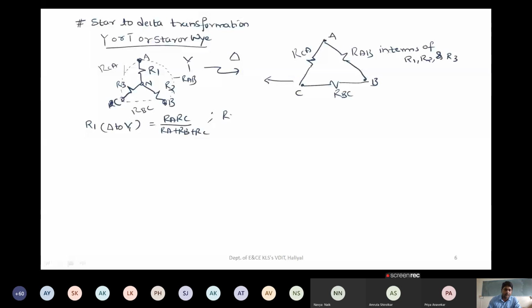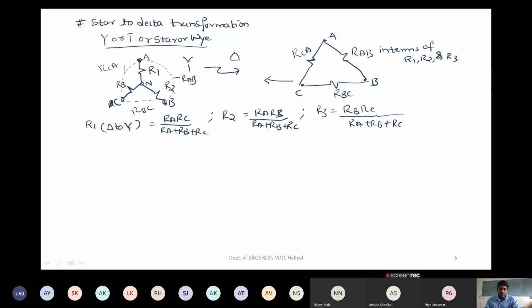Similarly, R2 is RA RB divided by RA plus RB plus RC. Similarly, R3 is RB into RC divided by RA plus RB plus RC, right?